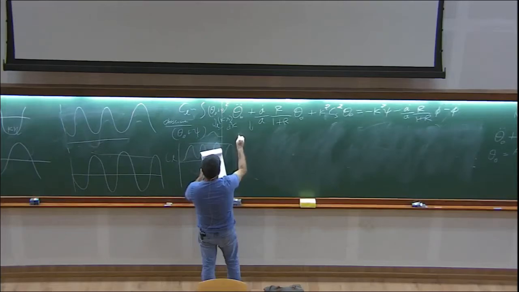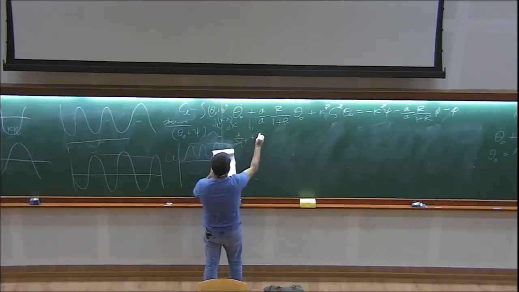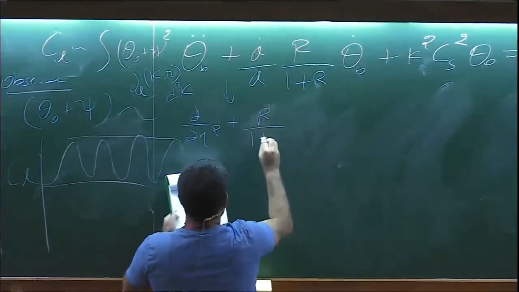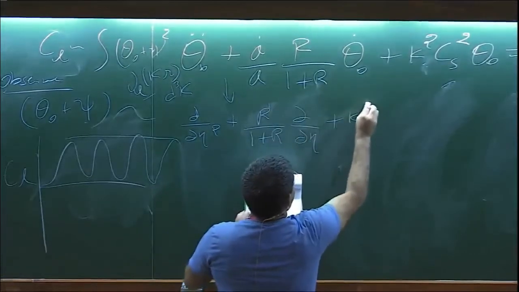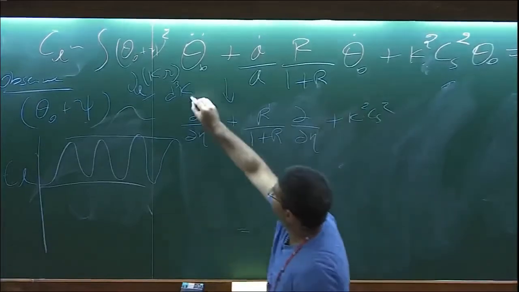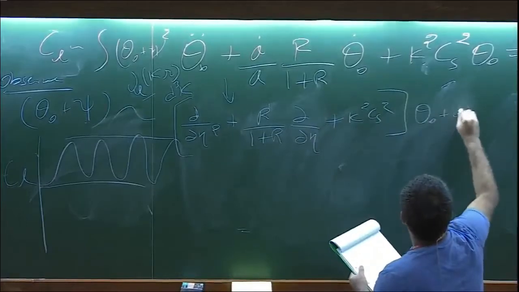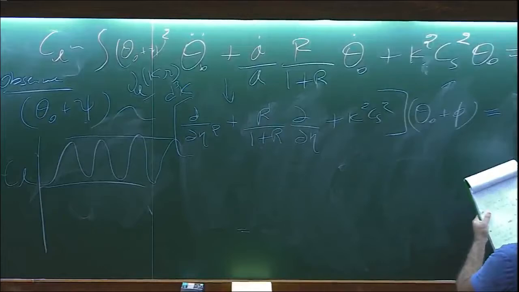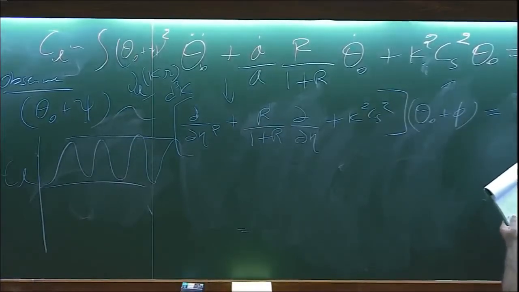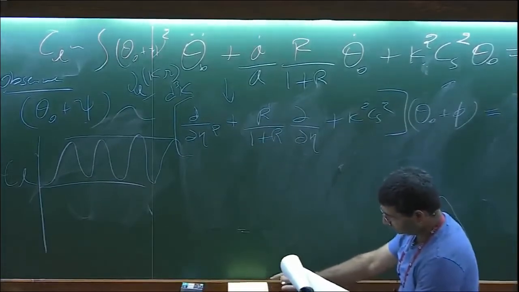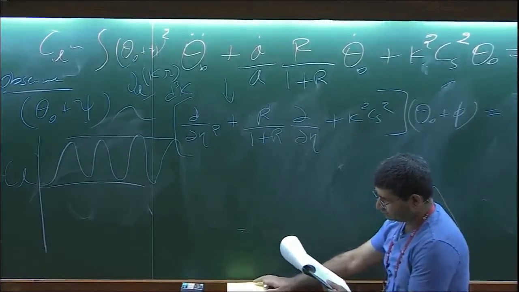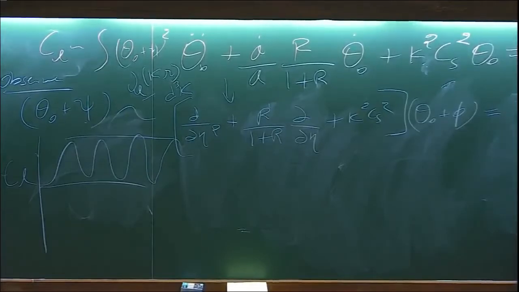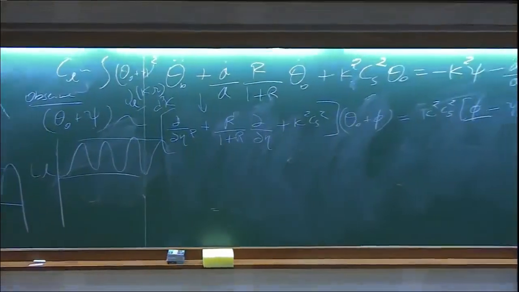We can write it as this operator acting on theta 0, and this is equal to minus psi times 1 plus r. So now the time derivatives of phi have disappeared on the left-hand side.